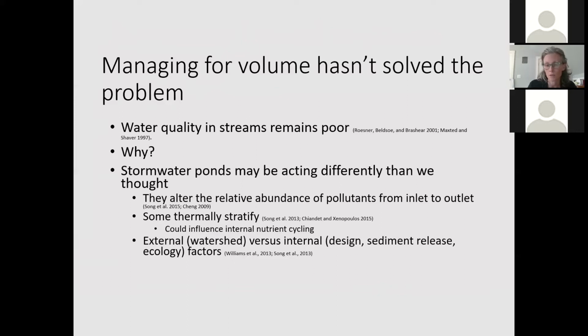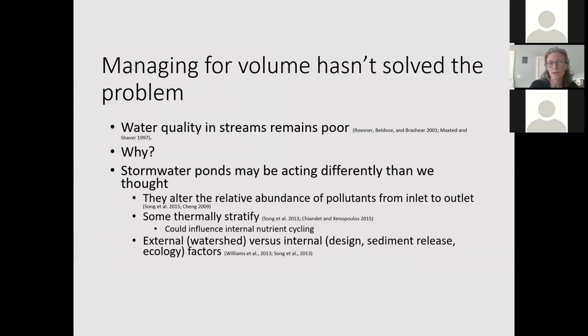So a couple of key points. They alter the relative abundance of pollutants from inlet to outlet, so that may explain some of that more dissolved phosphorus being exported than is coming in. Some thermally stratify, so that means you get a temperature gradient between the bottom of the water column and the top that has an influence on nutrient cycling.